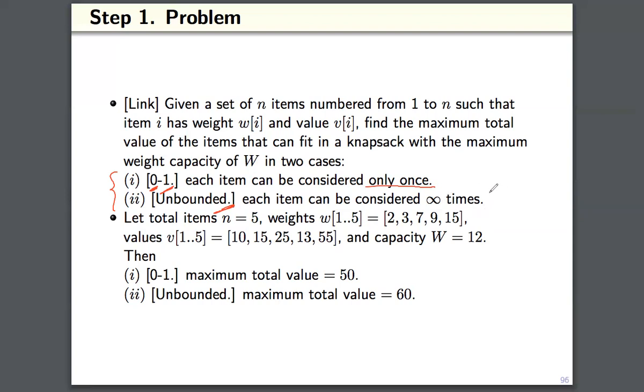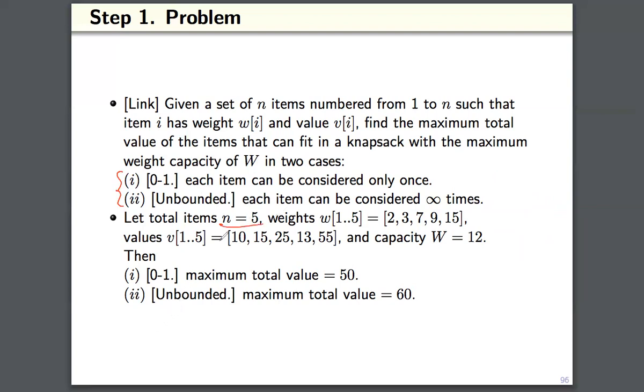So copy means what? Suppose the fifth item is the notebook, and the weight is say 20 grams and the value is say $1. You can repeat the same weight and same cost an unlimited number of times. Okay, so that is the unbounded version. So we will cover both versions, the 0-1 version and the unbounded version.